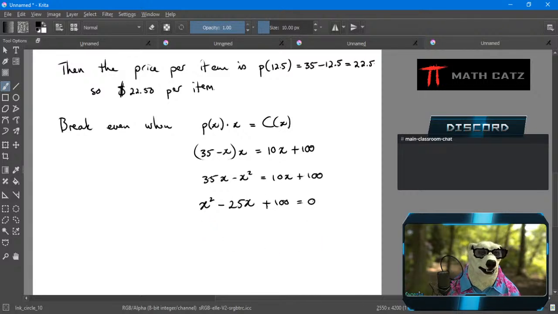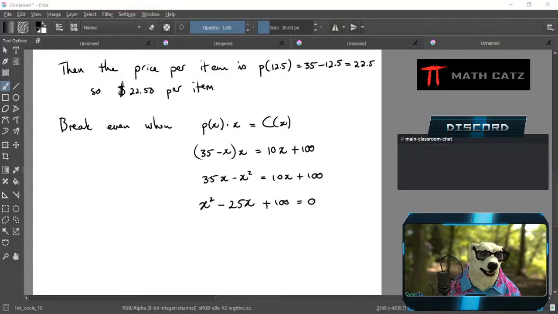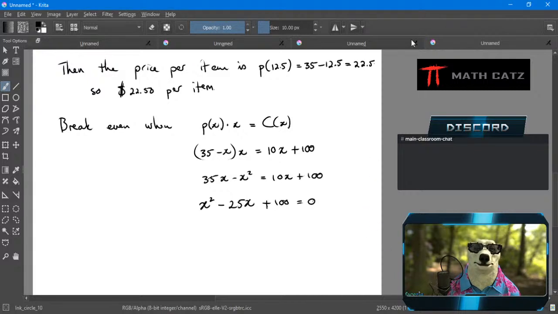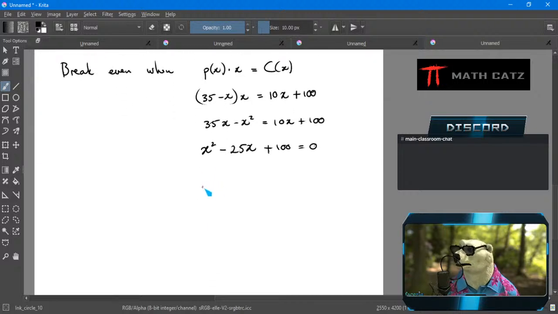So that gets us into quadratic formula territory. We all know the quadratic formula. Can't forget it even if we try. You can try and forget it, but it will not work. So I have negative b, which is negative 25, which of course you can simplify on the fly. I just want to show it clearly here.